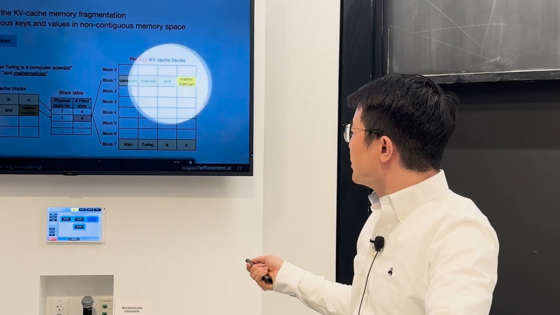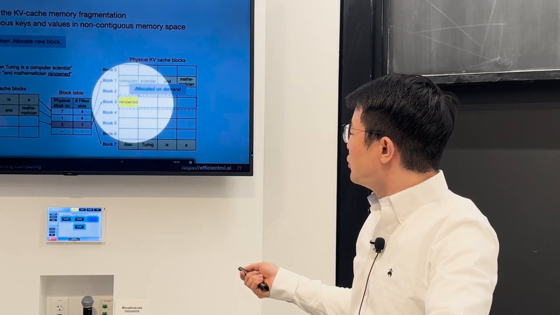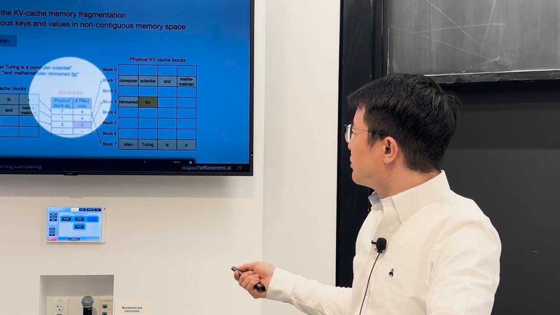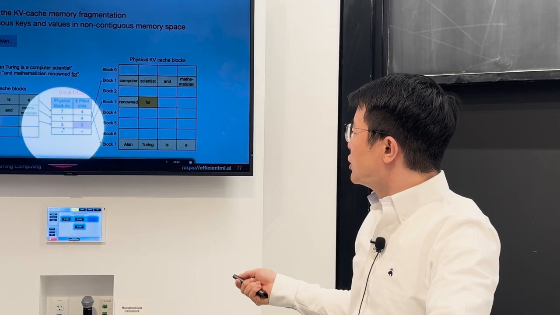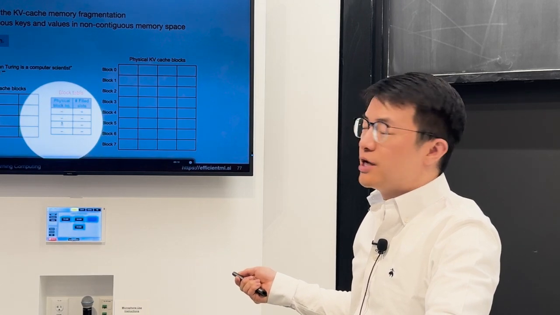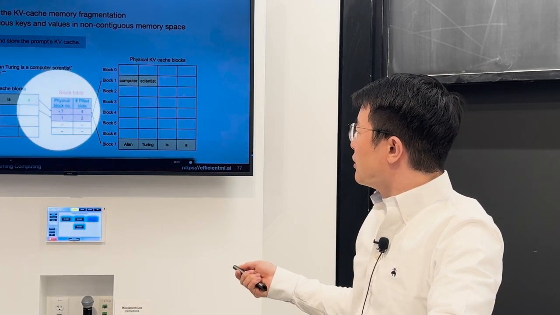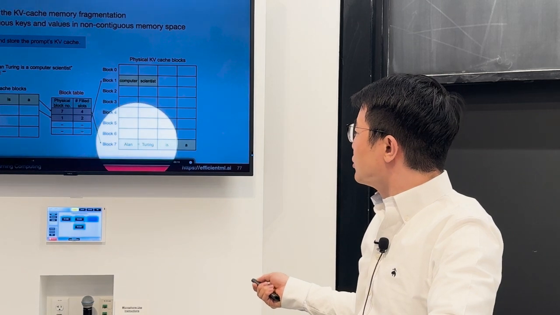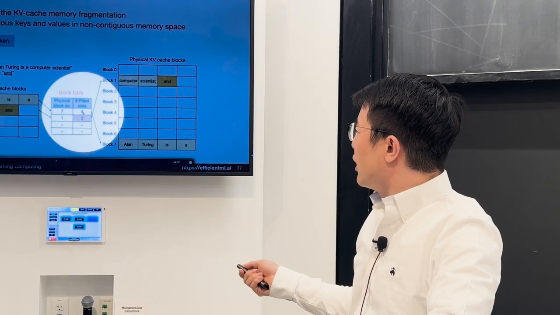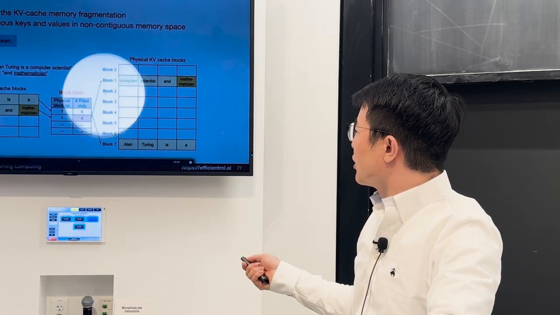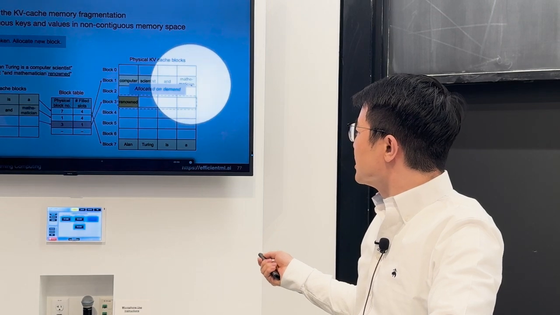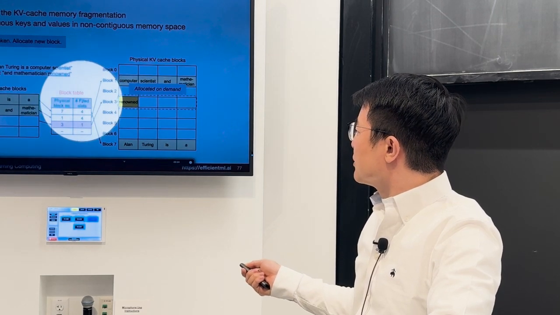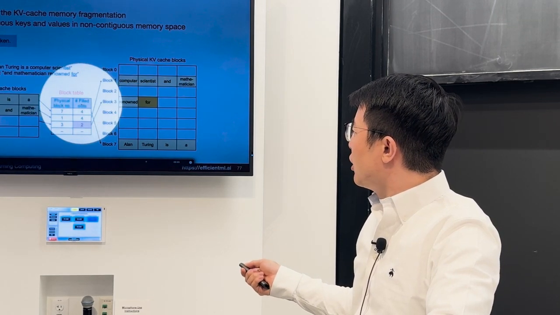And then as we run out, we allocate a new block and update the block table to show the physical page number. Okay, so physical page number 7 for Alan Turing is, and it has 4 entries. The first block is computer scientist and mathematician. Okay, so we are keeping the physical block number and also the number of filled slots.